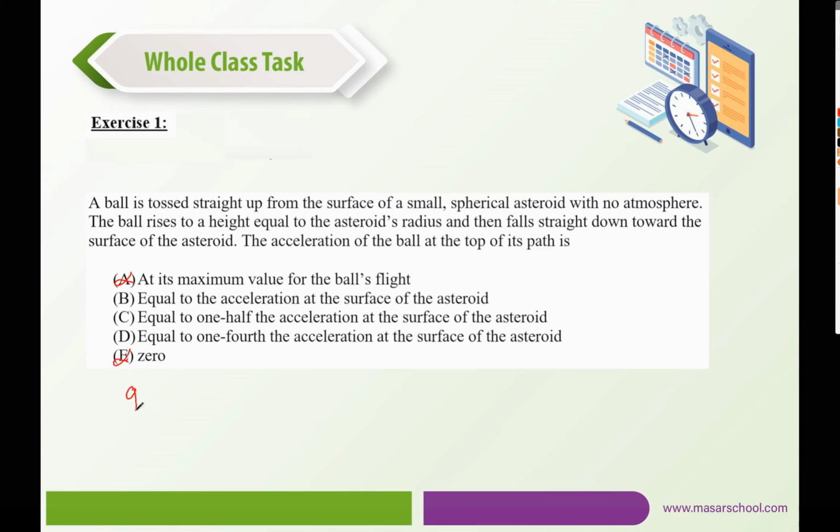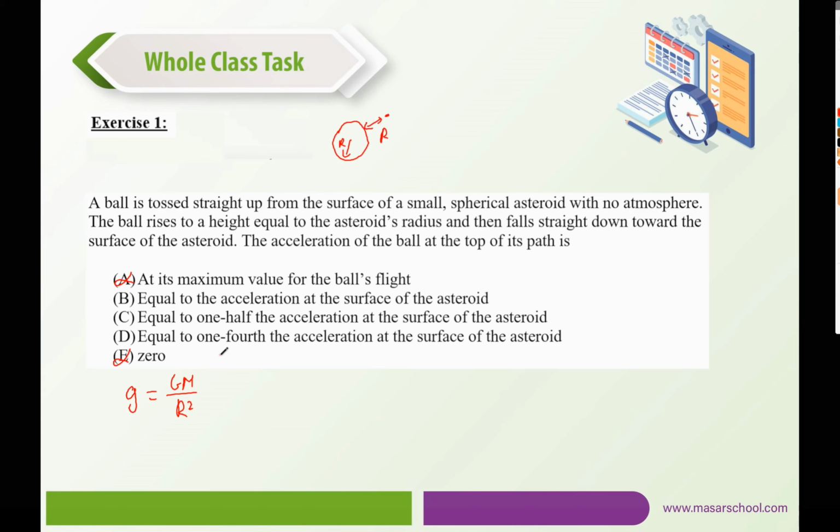Now g is given by Gm divided by r squared, where r is the radius of the asteroid. If we rise to a height equal to the asteroid's radius, let me assume that this is the asteroid of radius r, and it rises here, then the distance r should be doubled, because this is also r.